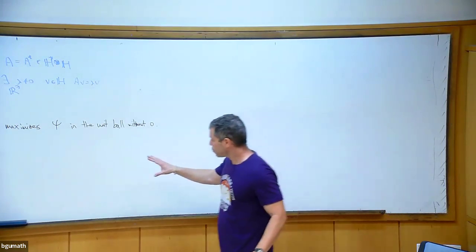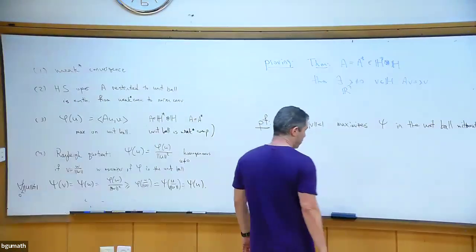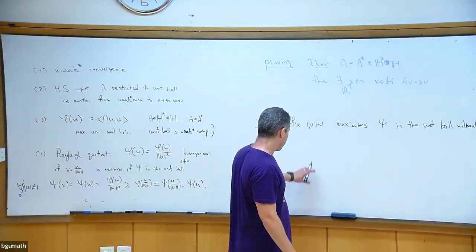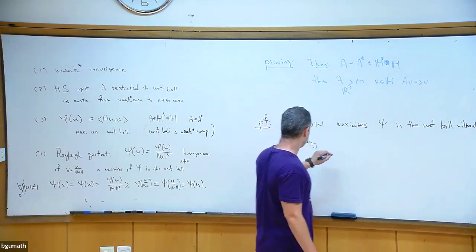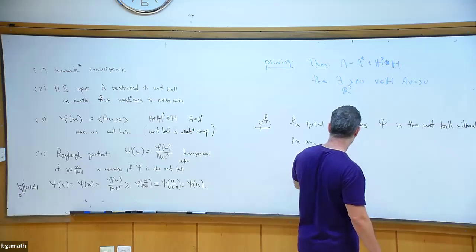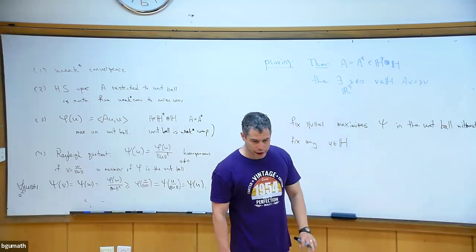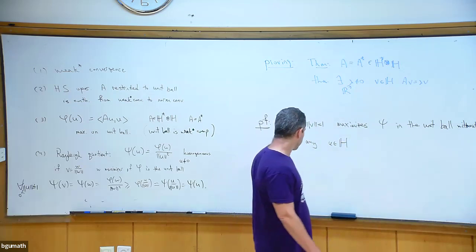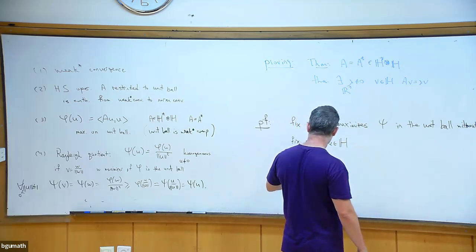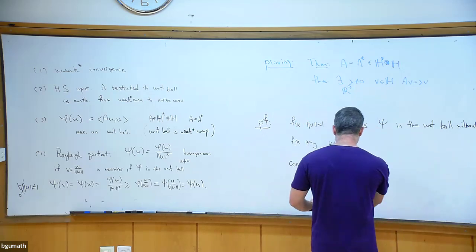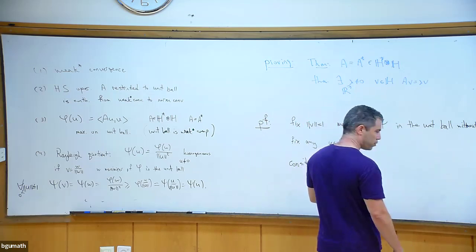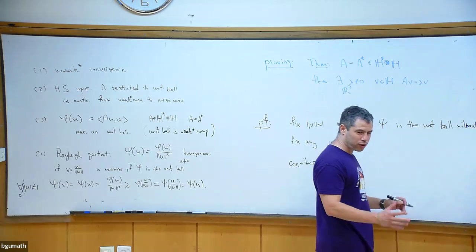And then fix any U in H, any vector, and consider the function P, which is P of U. This is going to be a function from R to the complex numbers, into the real numbers, but it's not so important at the moment.